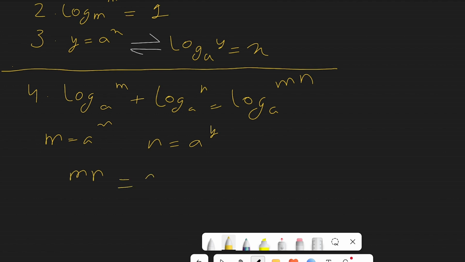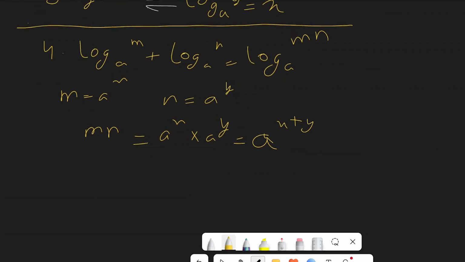But over here we represent these two in logarithmic form. So log of m to the base a is equal to x, and log of n to the base a is equal to y.